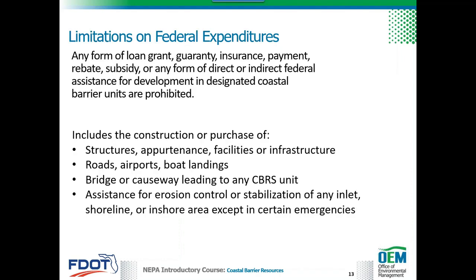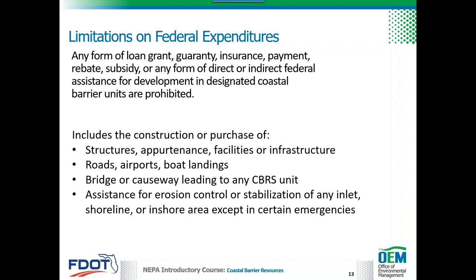Any form of federal loan, grant, guarantee, insurance, payment, rebate, subsidy, or any form of direct or indirect federal assistance for development in designated coastal barrier units is prohibited by the Coastal Barrier Resources Act, as well as the construction or the purchase of 1.